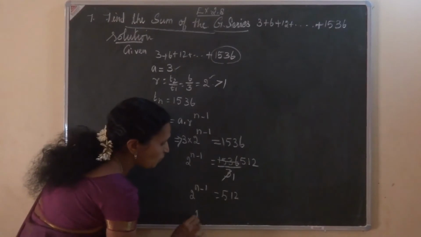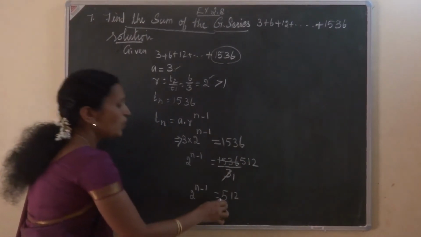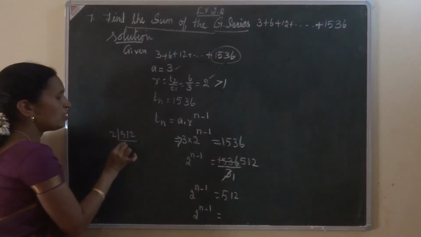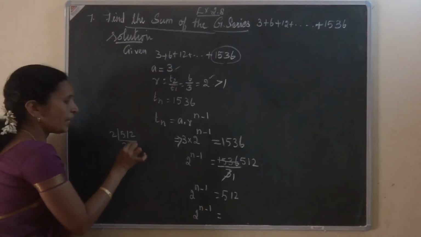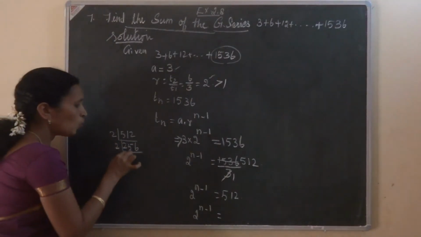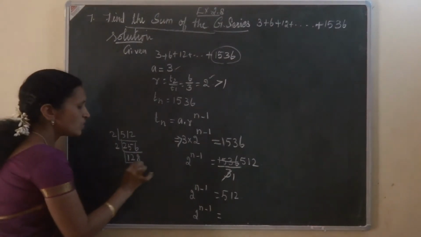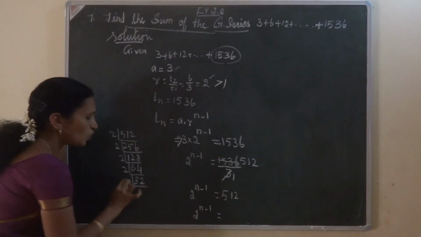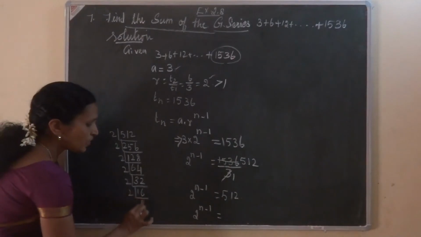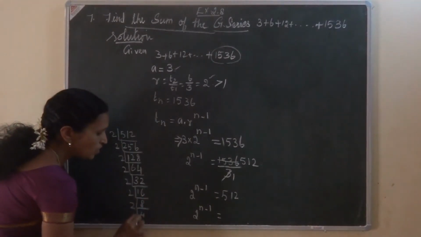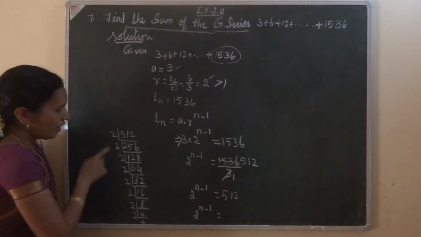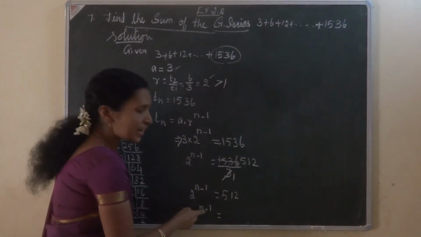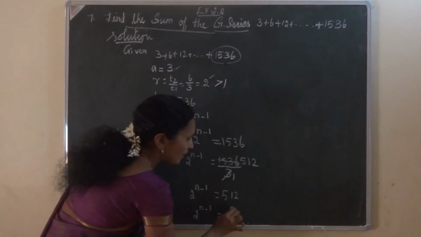How will you write it? 512: 2 2s are 4, 2 4s are 8, 2 8s are 16, 2 16s are 32, 2 32s are 64, 2 64s are 128, 2 128s are 256, 2 256s are 512. So here we can write 2 power 9. That is 2 power n minus 1 equal to 2 power 9.